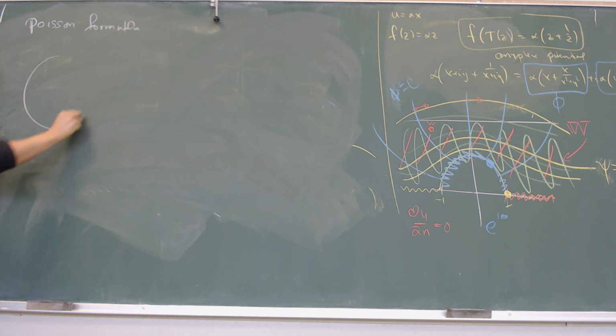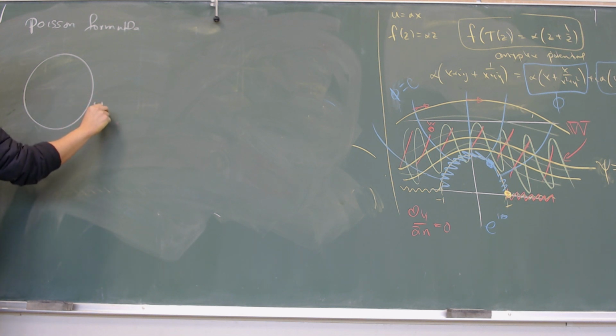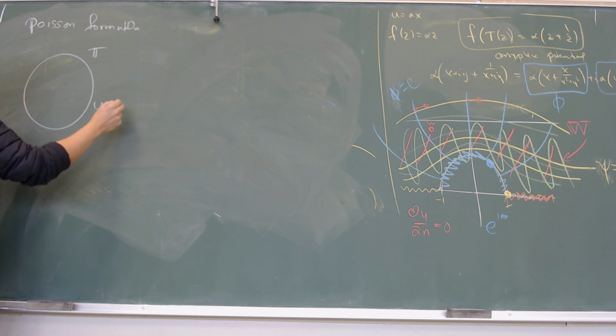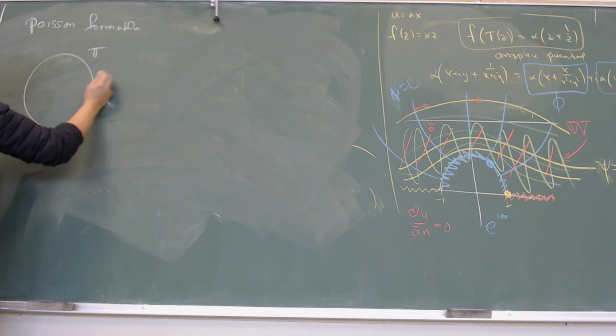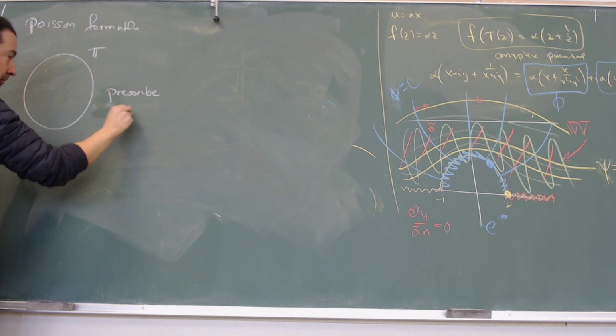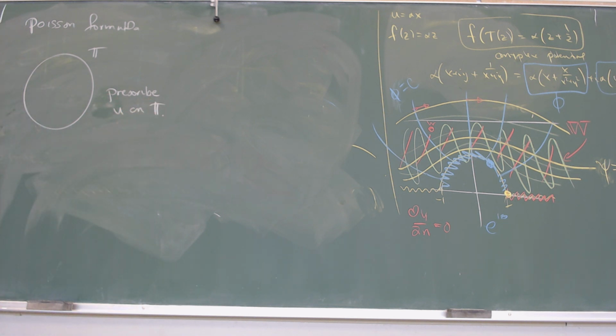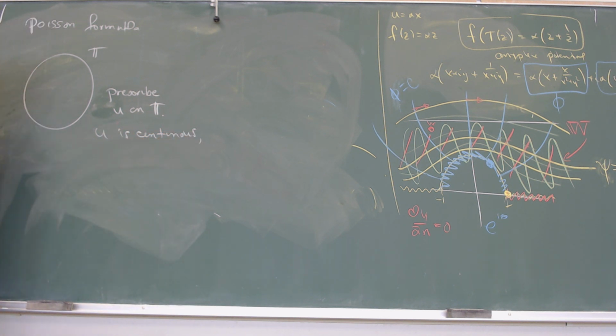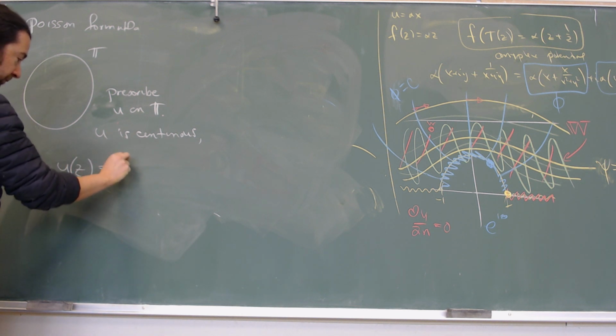Suppose this is the unit disk, and you prescribe u on the boundary, on T. That is, you tell me the boundary values, and as long as u is continuous, then there's this integral formula against the Poisson kernel that tells you what the harmonic function is that has those boundary values. So u of z turned out to be equal to the Poisson integral.